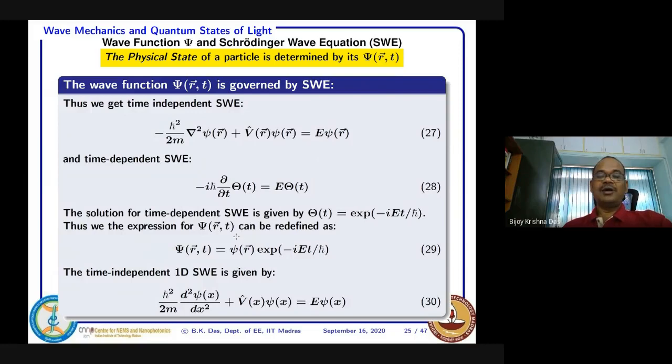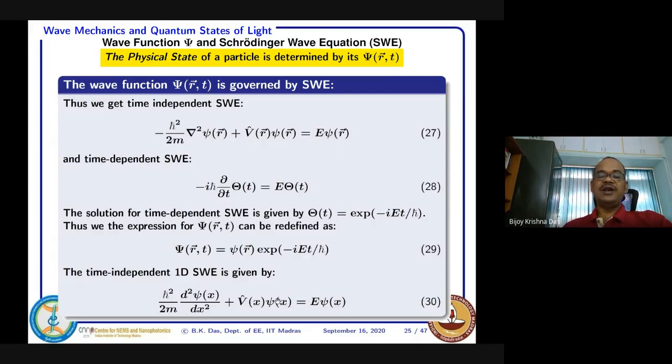Now we come back to the first slide, where we discussed the one-dimensional Schrodinger wave equation used for the quantum harmonic oscillator. If you consider that your quantum particle is restricted to motion only in the x direction, then del 2 by del y2 and del 2 by del z2 will be 0, so only x dependence is there. So equation 27 can be written like this: minus h cut square by 2m d2 psi(x) by dx2 plus V(x) psi(x) equals E psi(x).